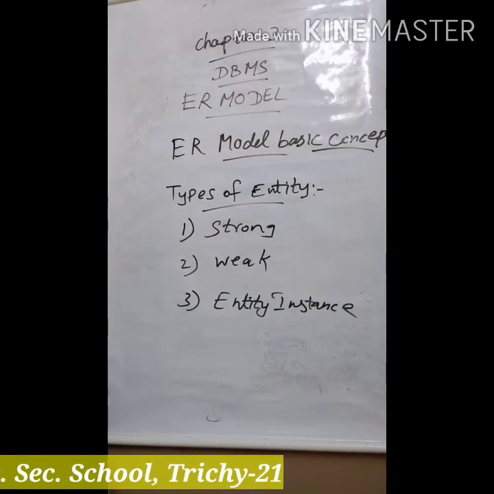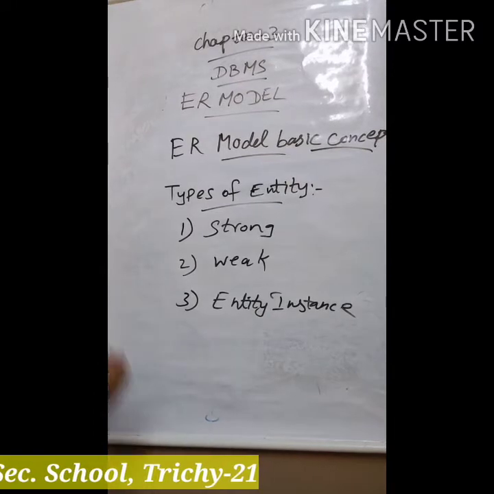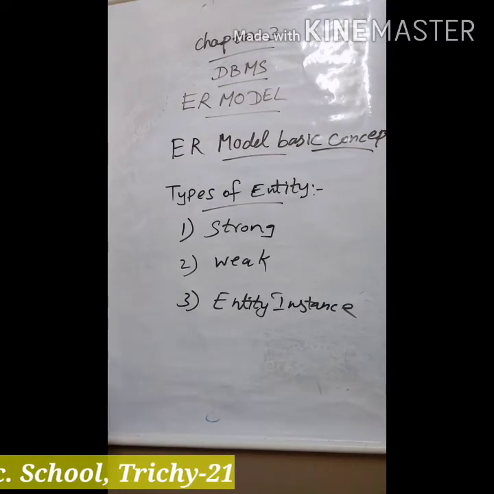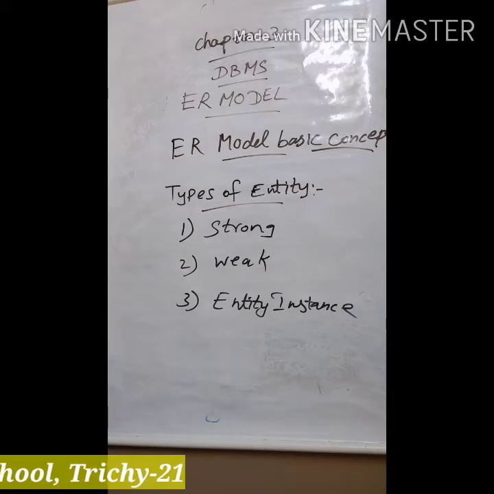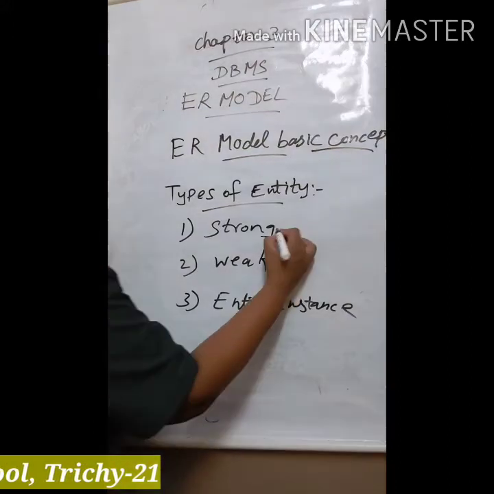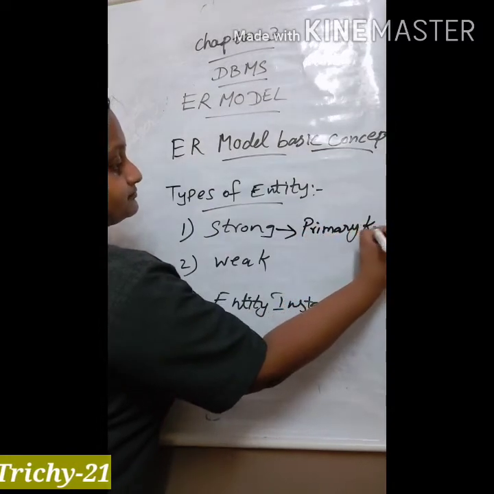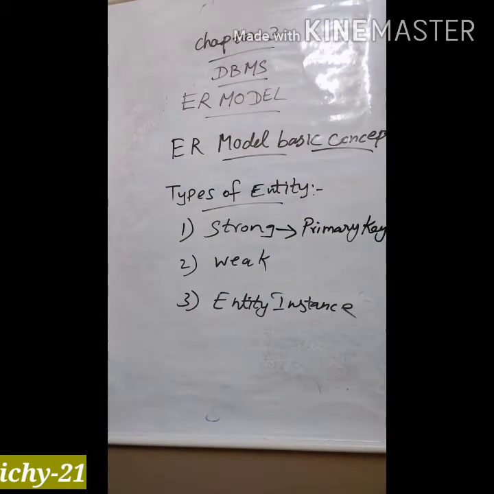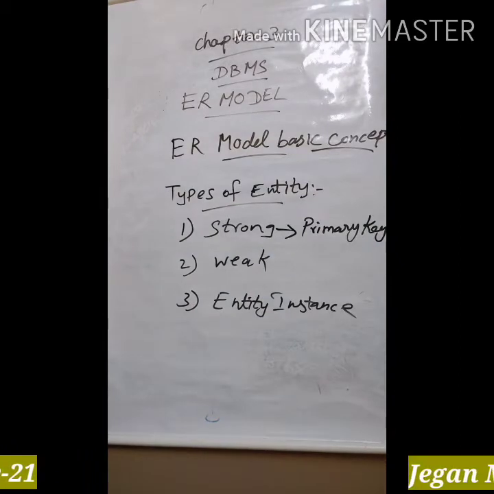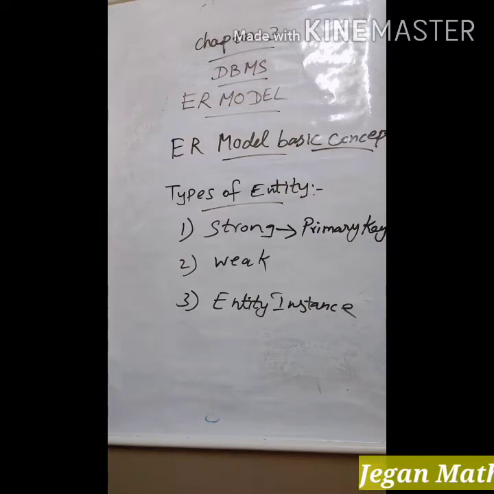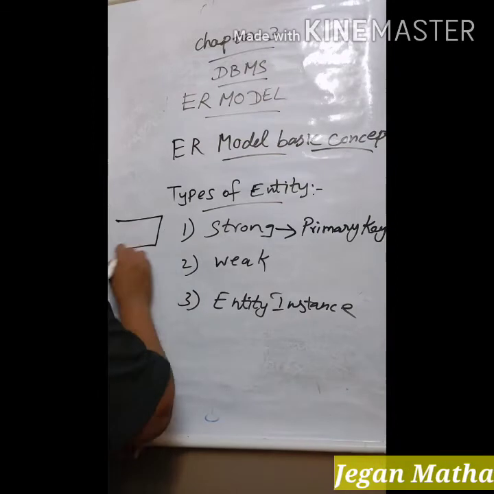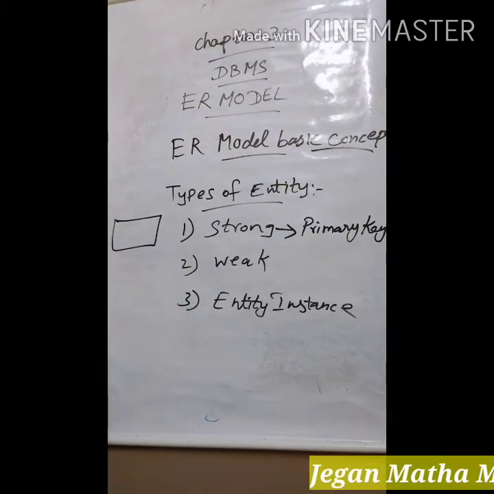The first one, strong entity. A strong entity does not depend on any other entity in the schema or database. A strong entity will have a primary key, which is a unique ID that other entities will not have in their attributes. It is represented by a rectangular box.